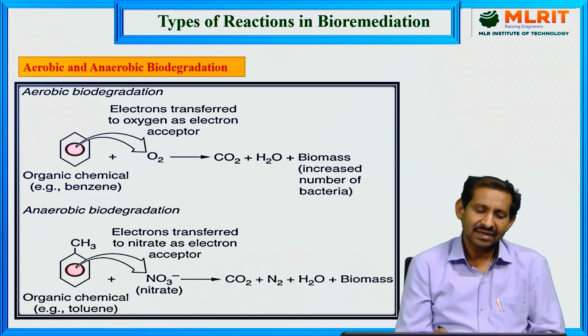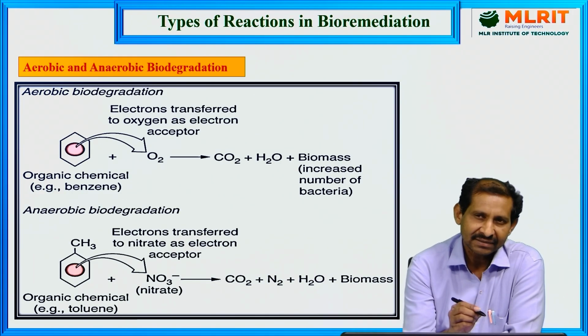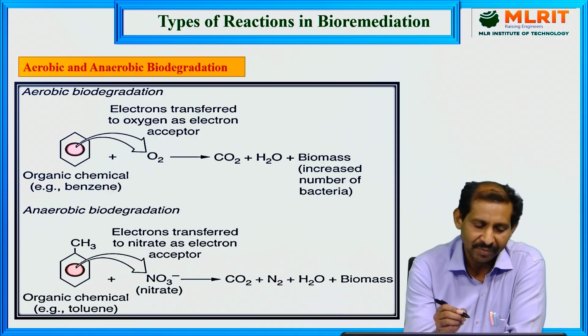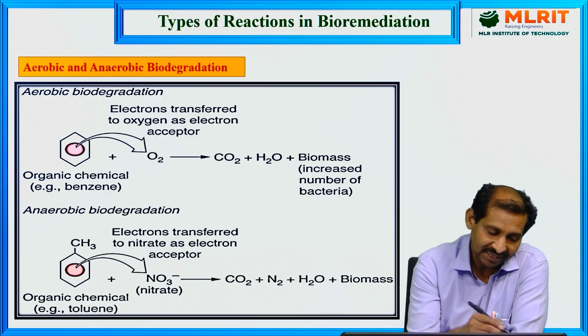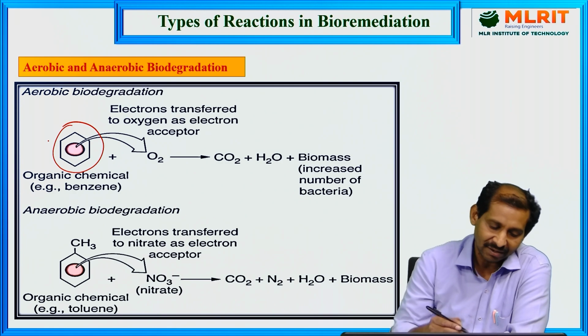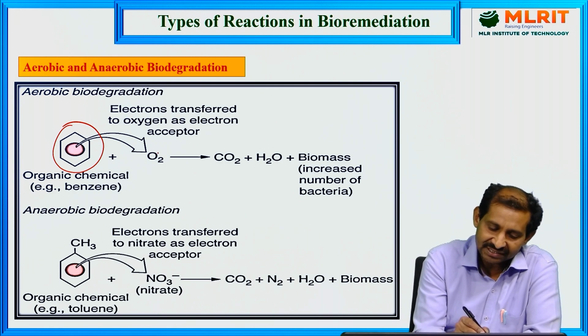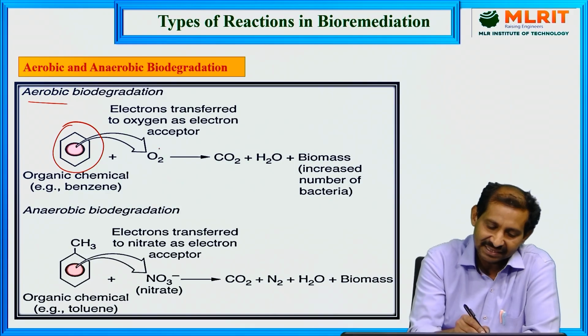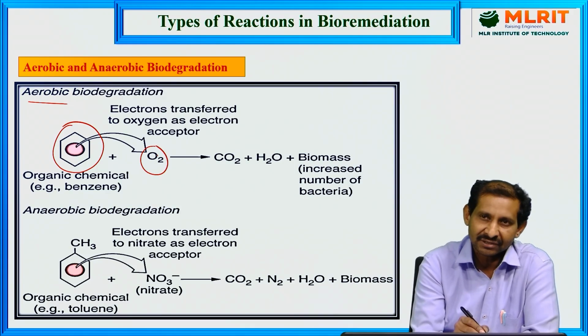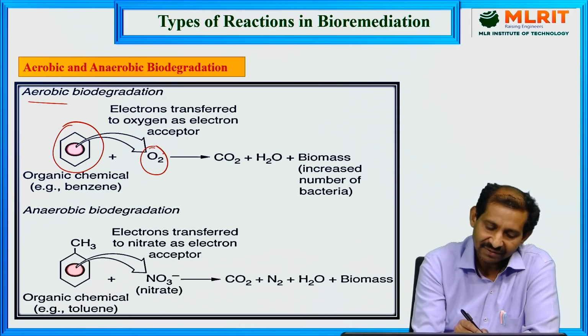Here are the chemical reactions involved in aerobic biodegradation and anaerobic biodegradation. For example, this is the organic matter, organic compound, or organic substrate. In the presence of oxygen, the oxygen will be utilized.